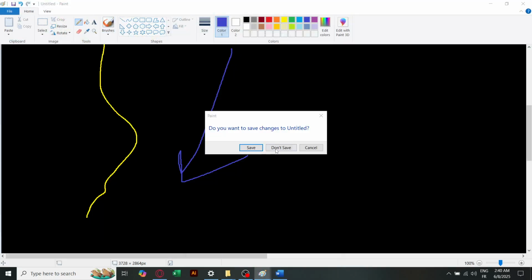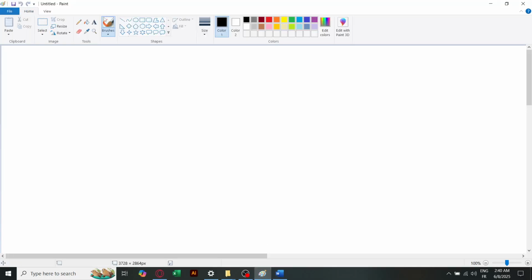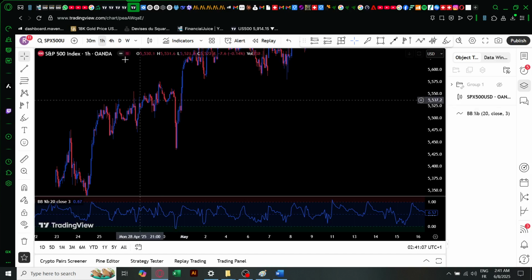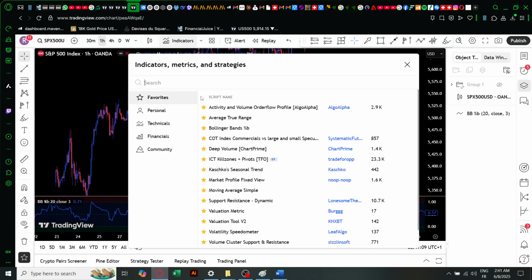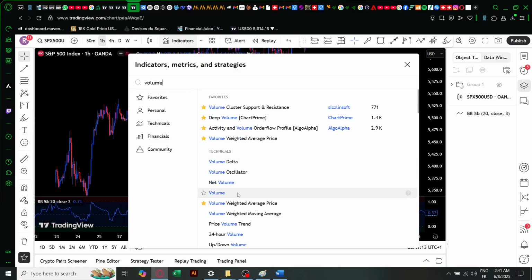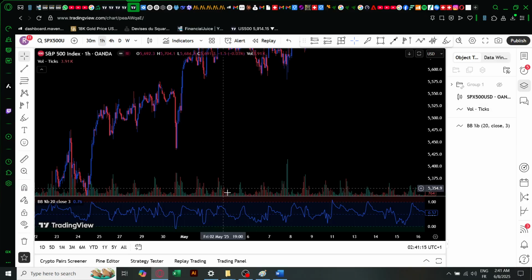Let me delete this one, and I'll paint it with black so we don't have any eye problems. Anyway, this is the normal price. Usually you find people go for volume, and this is the volume they get.